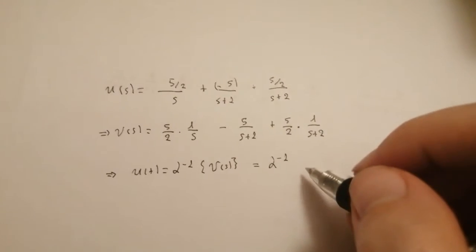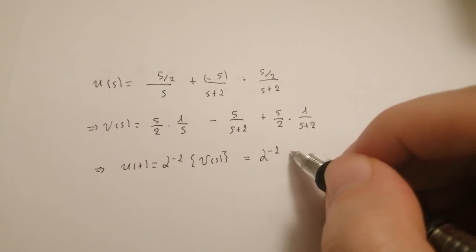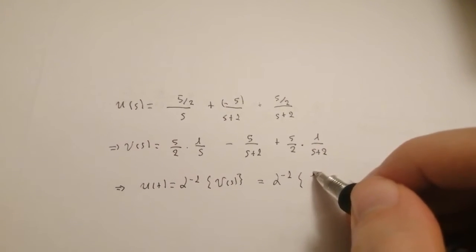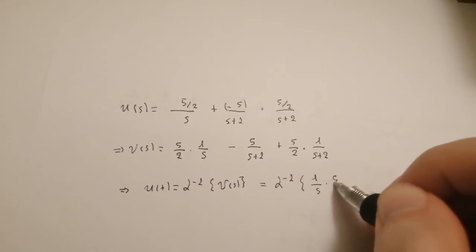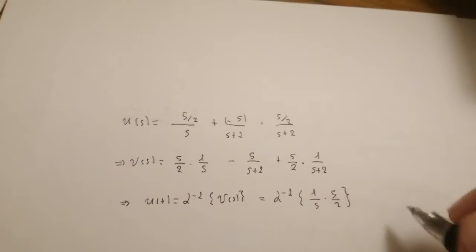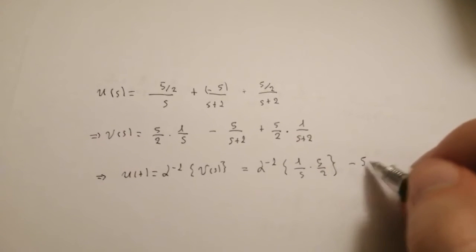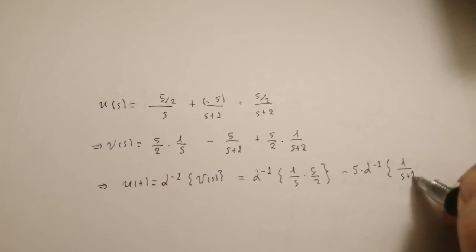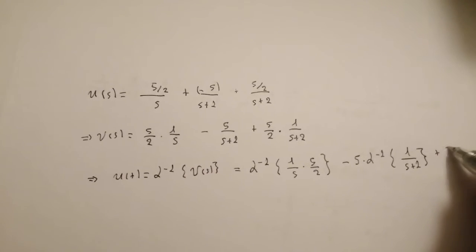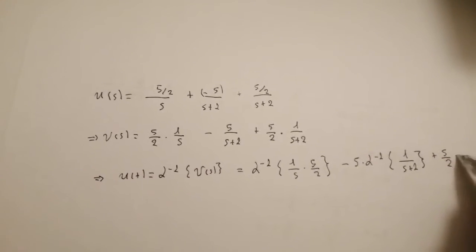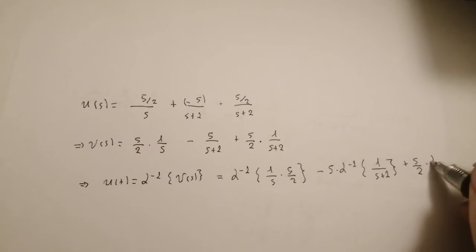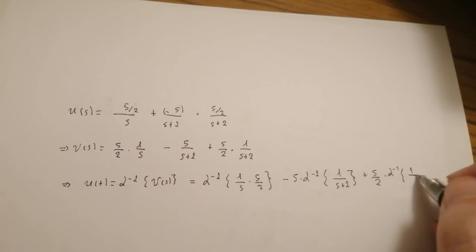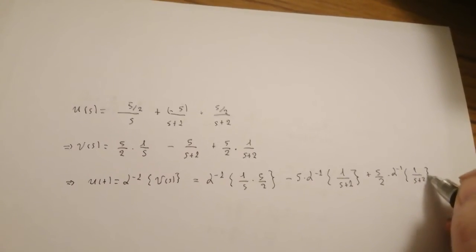The inverse transform is a linear transform, so it's 5 over 2 times the inverse Laplace of 1 over S, minus 5 times the inverse Laplace of 1 over S plus 1, plus 5 over 2 times the inverse Laplace transform of 1 over S plus 2.